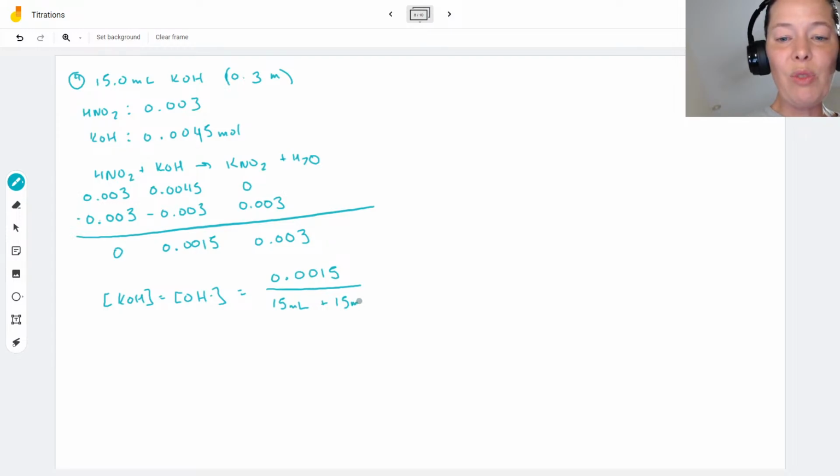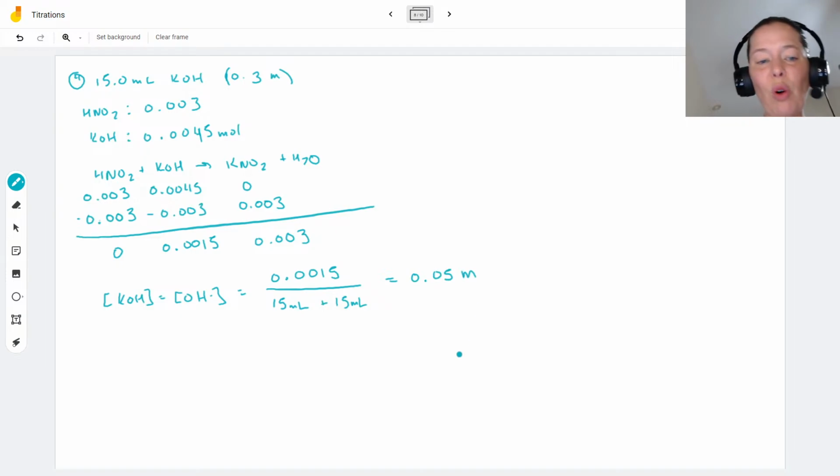So these volumes are additive. We have 30 milliliters total. And so again, don't forget to convert that into liters, otherwise you're going to get really screwy concentrations. We have a concentration of hydroxide of 0.5 molar.